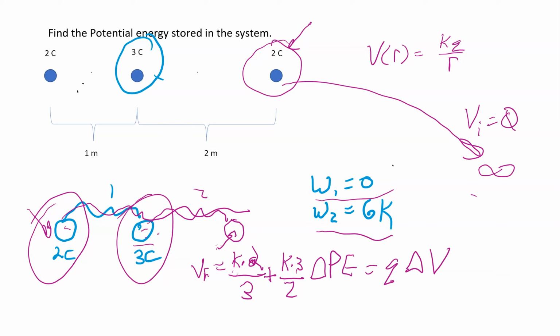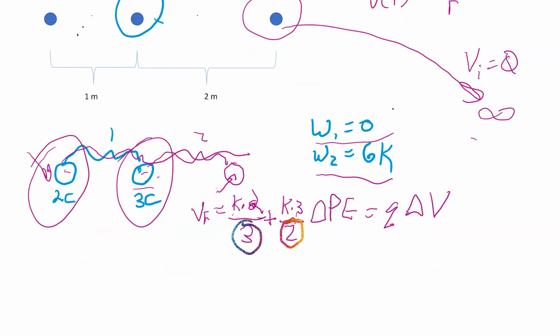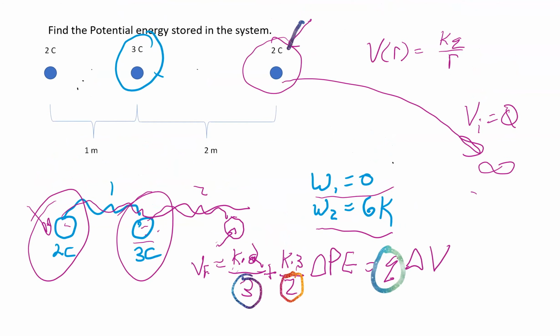And you can think again, if you replace these two numbers, instead of being 3 units and 2 units away, if they were both infinities, you'd be dividing by infinity and you'd get 0. So in this case, how much potential energy does this charge gain by being moved from infinity to that point? Well, the charge I'm moving is 2.